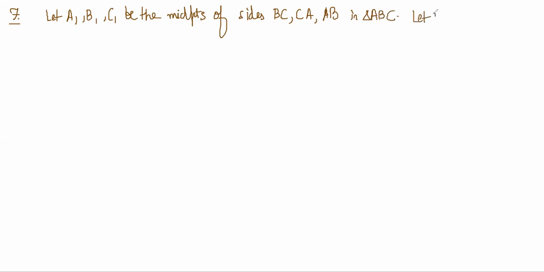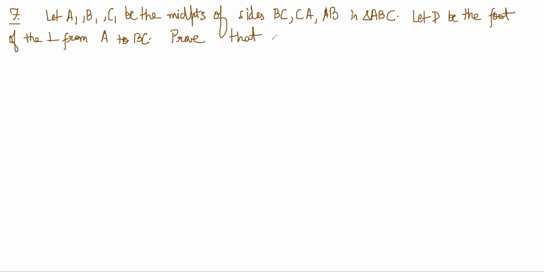Let D be the foot of the altitude, the perpendicular from A to BC. Prove that D lies on the circumcircle of triangle A1, B1, C1. Prove that D lies on circumcircle of triangle A1, B1, C1.